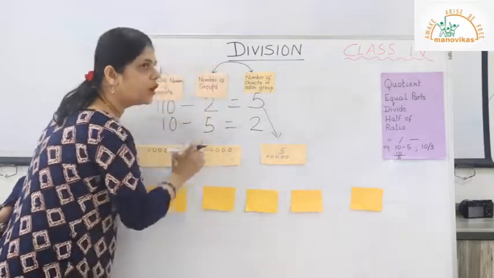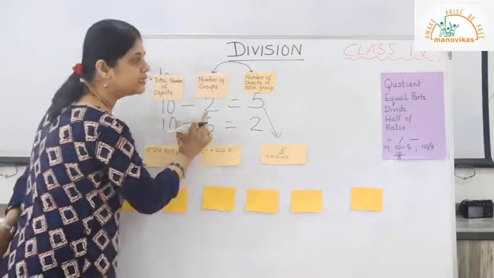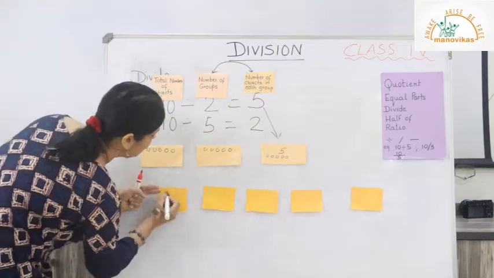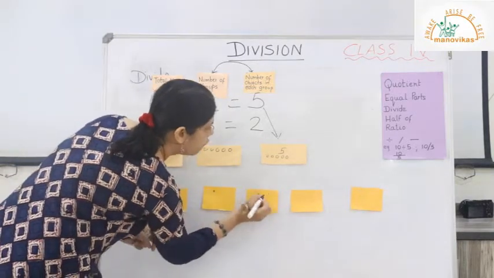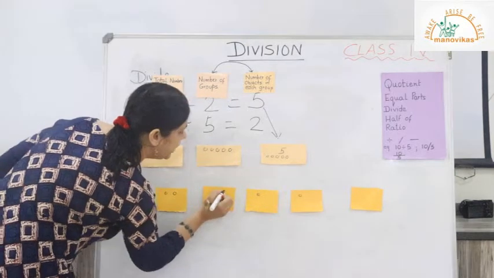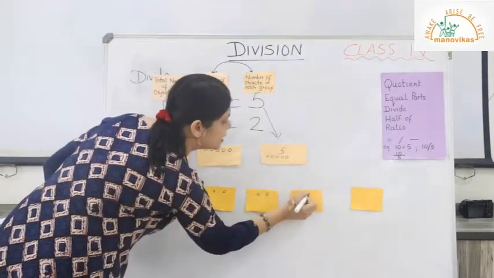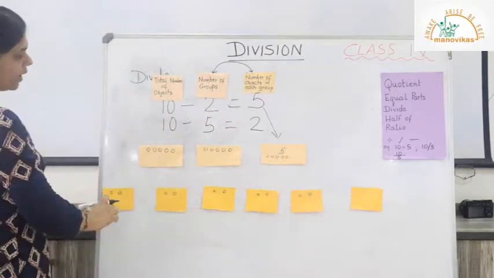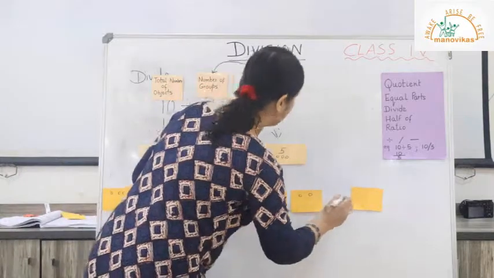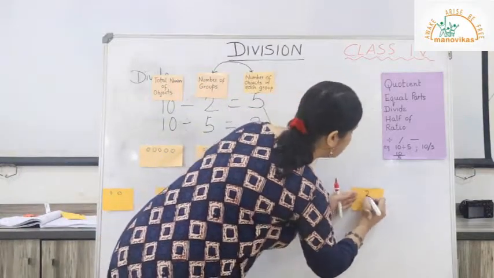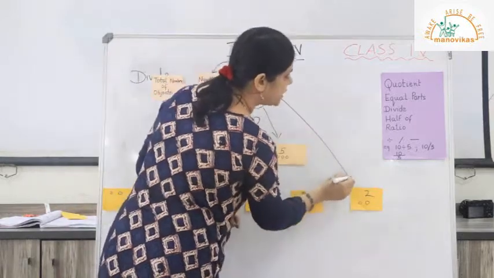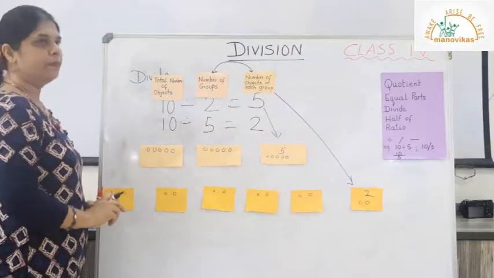And I have to put these objects equally in these 5 groups. Let us do it. 1, 2, 3, 4, 5, 6, 7, 8, 9, 10. So now what will you see? You have seen that each group contains how many objects? 2, right? So each group has 2 objects. So the number of objects here will be 2.